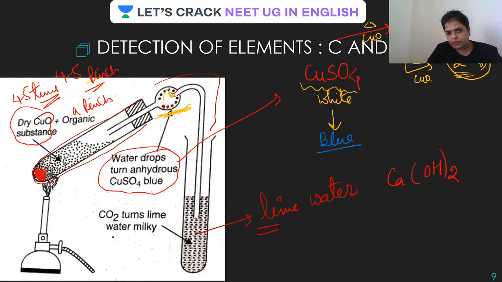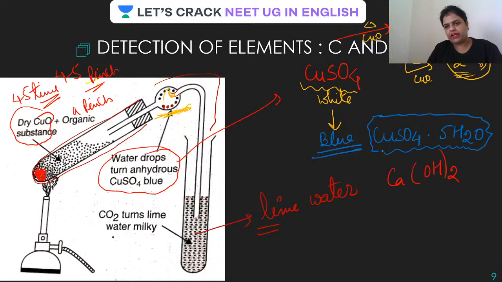Yes, it will turn blue. The composition is shown this way: copper sulfate pentahydrate, guys. Because of this water of crystallization, this copper sulfate looks blue. I'm repeating, it looks blue.